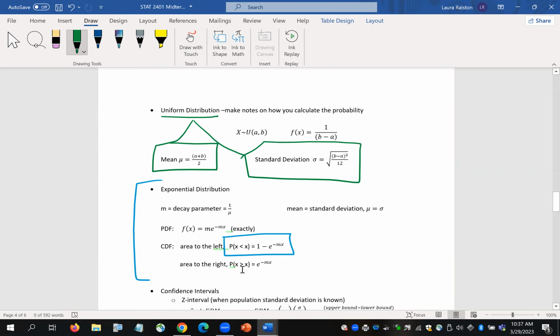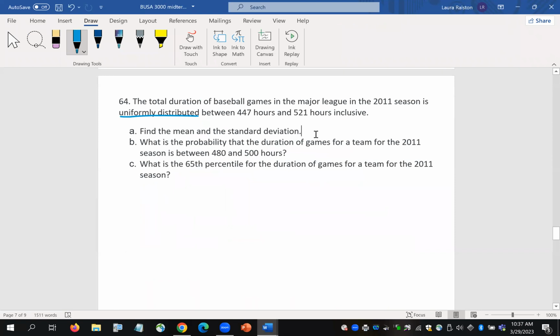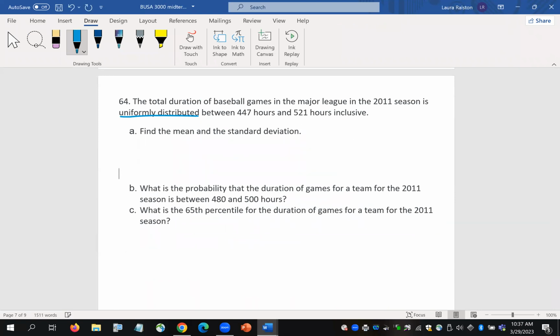So the mean formula for the uniform distribution is A plus B divided by 2. And you may be wondering, okay, well, what's A and what's B? Well, that's your beginning point and your ending point.